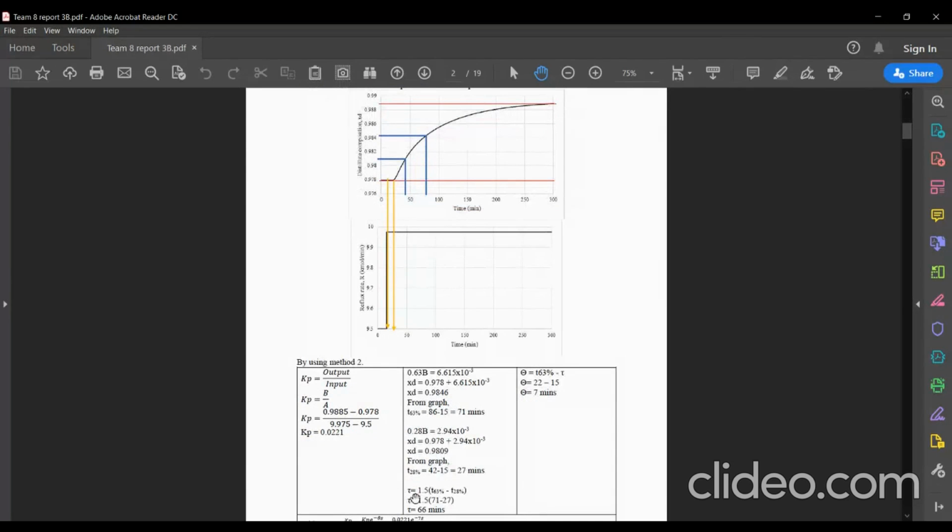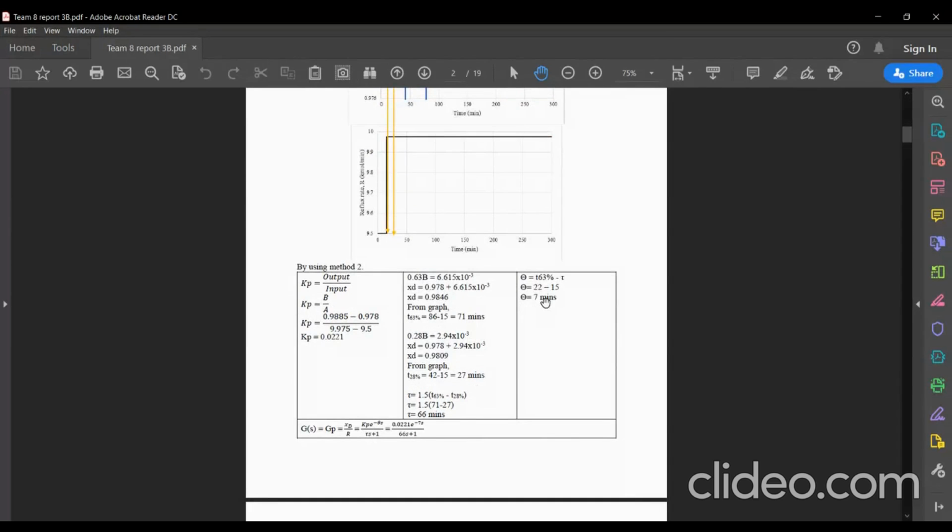Then tau is calculated using the formula 1.5 multiplied by the time at 63% of the output minus the time at 28% of the output. Then theta is found using the time at 63% of the output minus tau.